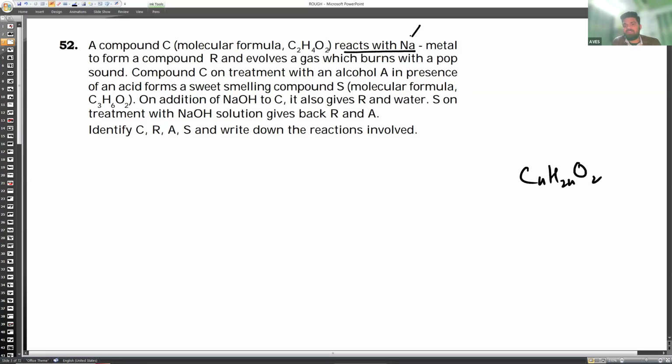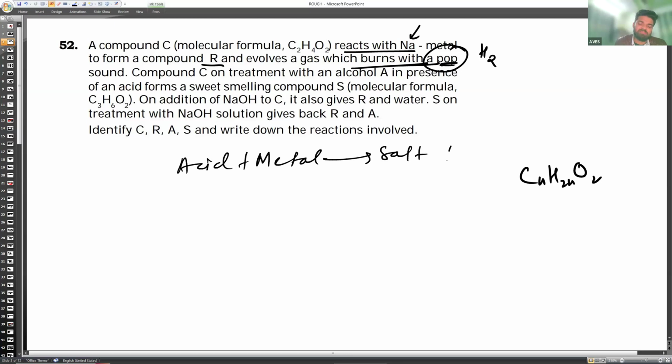But here it is saying that it reacts with sodium and produces a gas R, which when burnt produces a pop sound. Pop sound indicates hydrogen gas. So it is definitely confirmed that it is an acid, because acids when they react with metals form salt plus hydrogen gas.